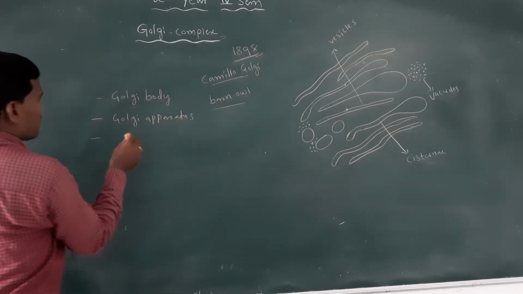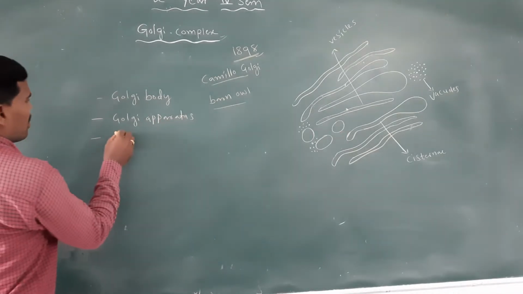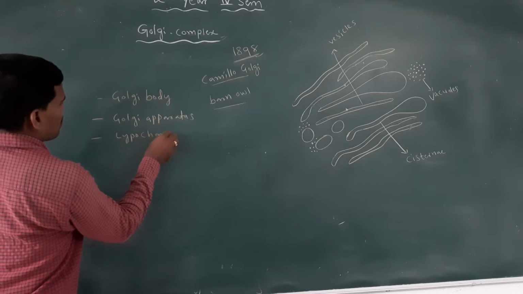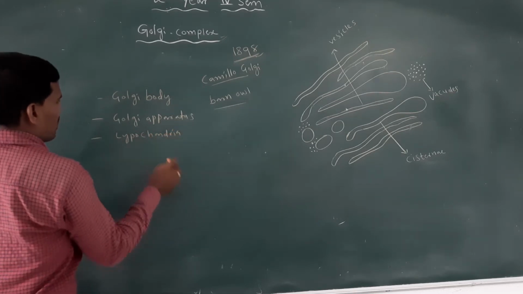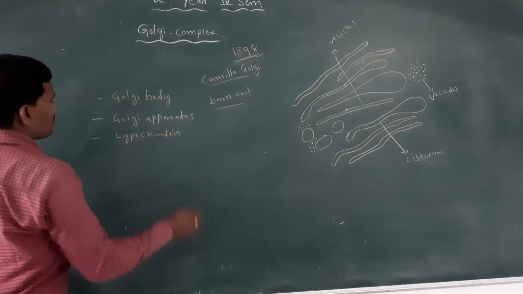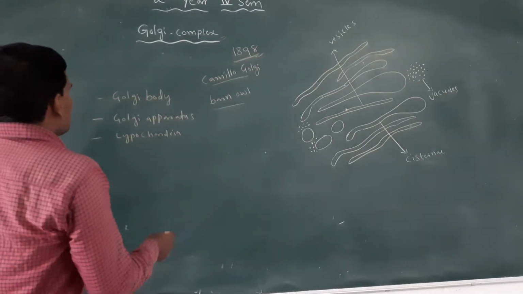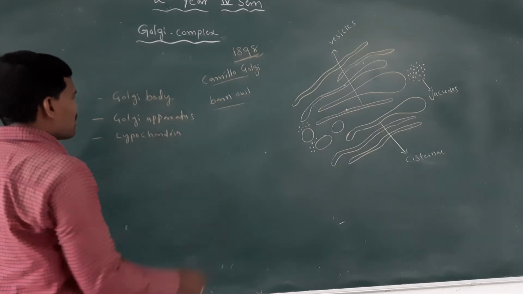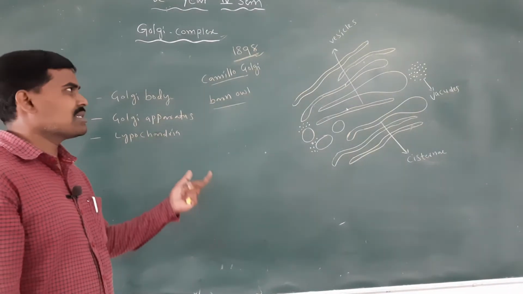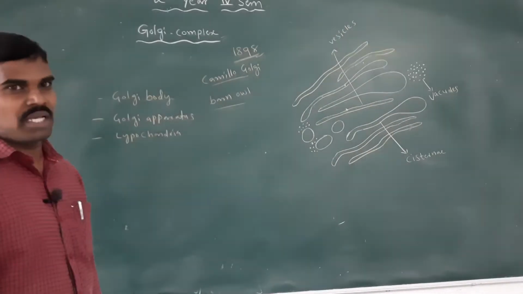So Golgi body, Golgi apparatus, lipochondria, idiosomes are other names for the Golgi complex.